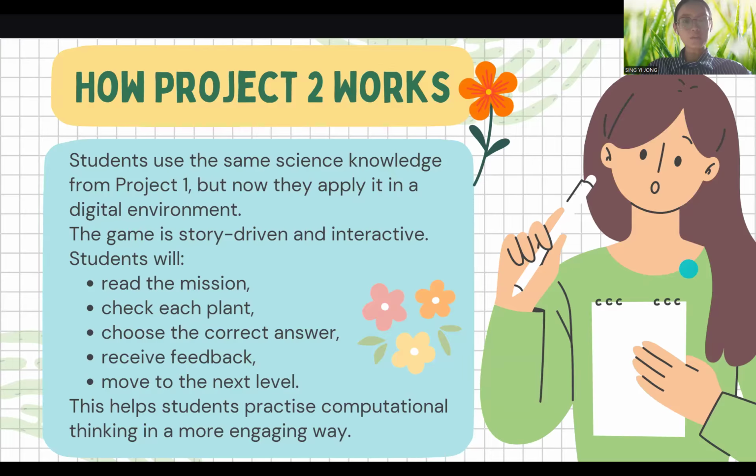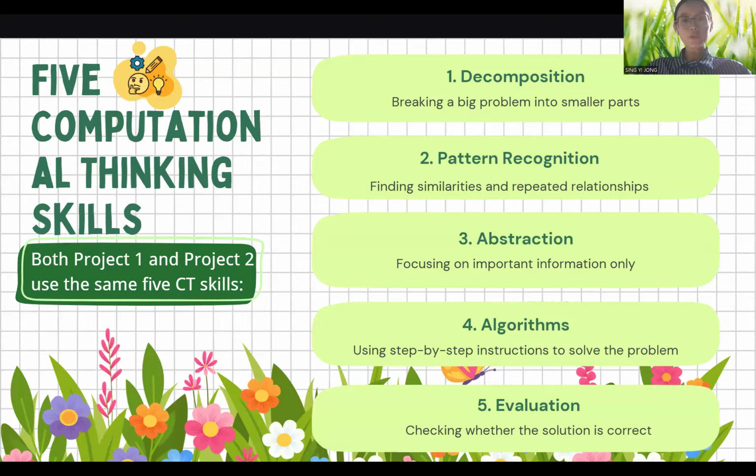With that connection in mind, let us look at the 5 computational thinking skills that run through both projects. These are decomposition, which means breaking a big problem into smaller parts; pattern recognition, which means finding similarities and repeated relationships; abstraction, which means focusing only on the important information; algorithms, which means using step-by-step instructions to solve a problem; and lastly, evaluation, which means checking whether a solution is correct.